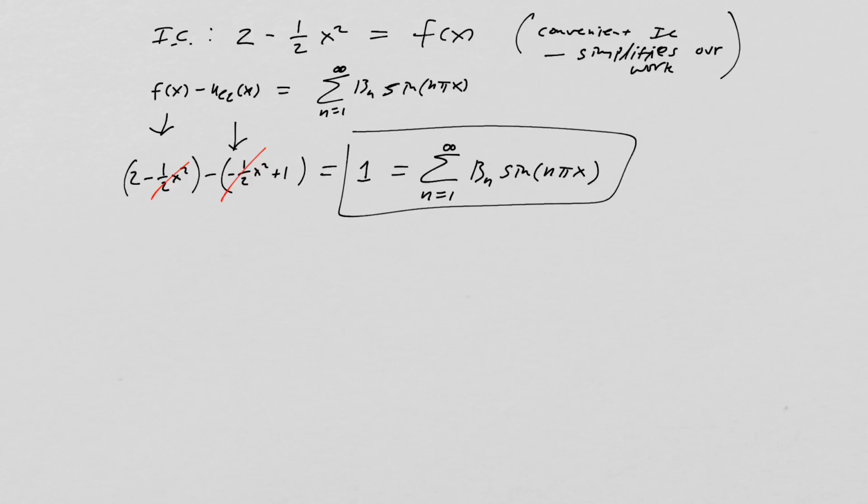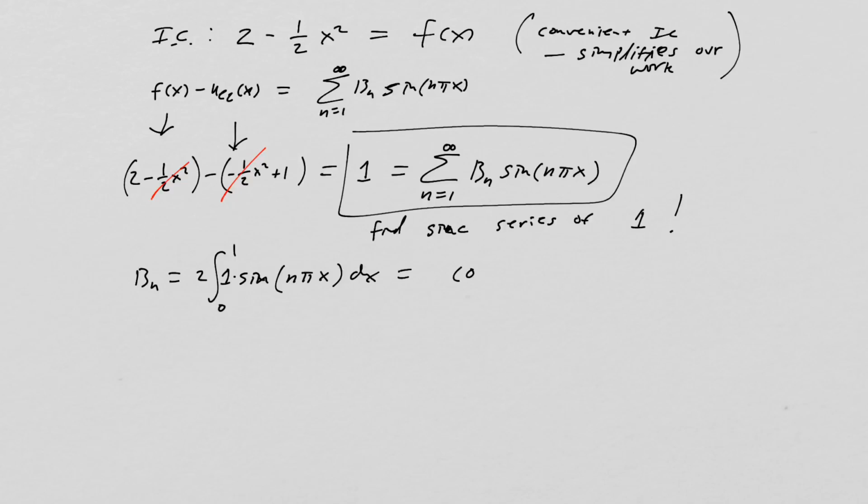All right, so we have to find the Fourier sine series of 1. That's pretty straightforward to do. The bn's are going to be equal to 2 times the integral from 0 to 1 of sine n pi x, since we're multiplying everything by 1, dx. That's going to be cosine of n pi x all over n pi, and of course we have to make it negative.